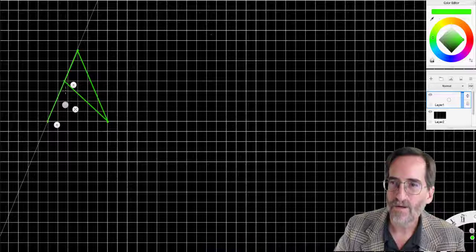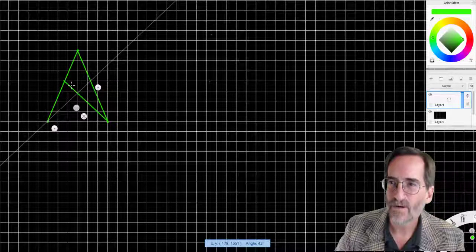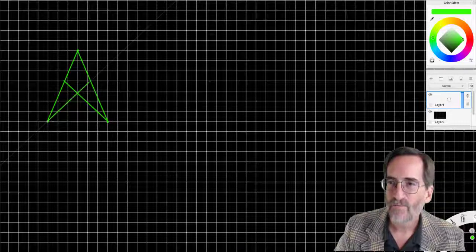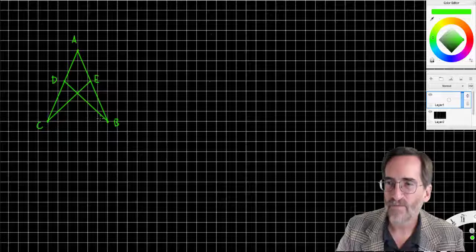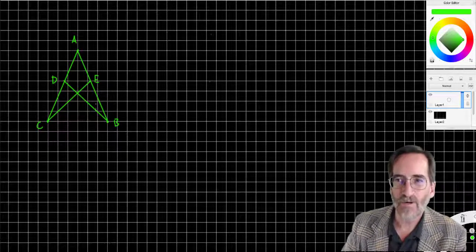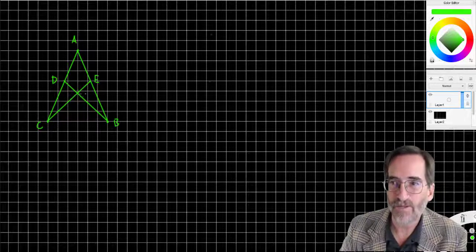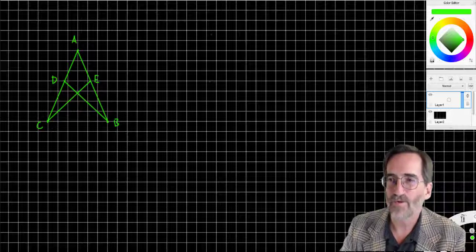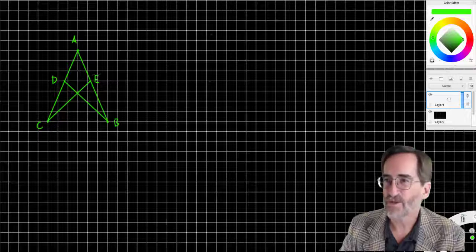All right, so I'm going to label the vertices A, B, C, D, and E. And you may see that there are actually probably at least 3 triangles. 1, 2, 3, 4 triangles actually, and a quadrilateral. But the overlapping triangles are right here.